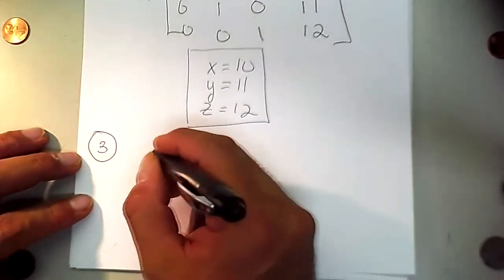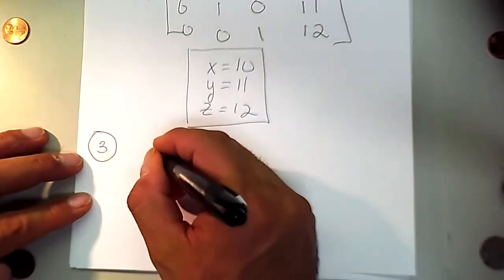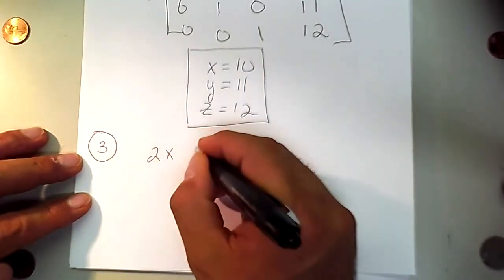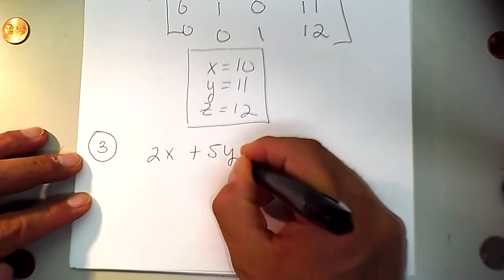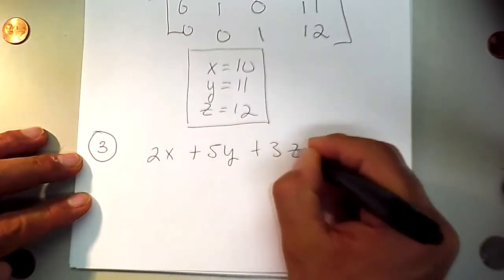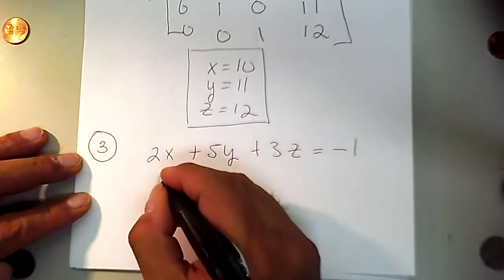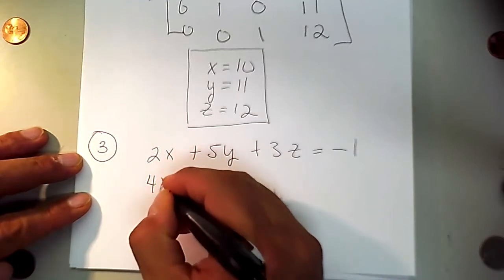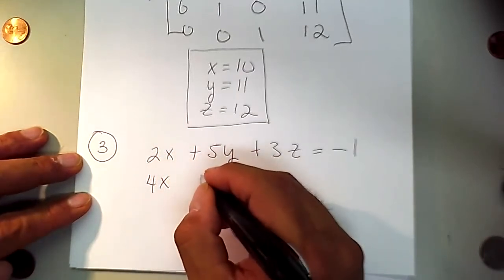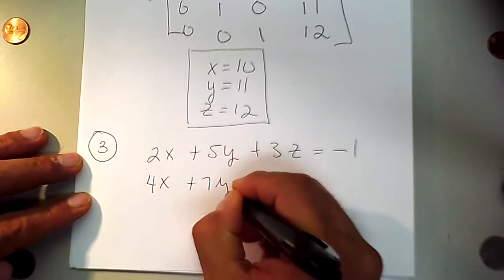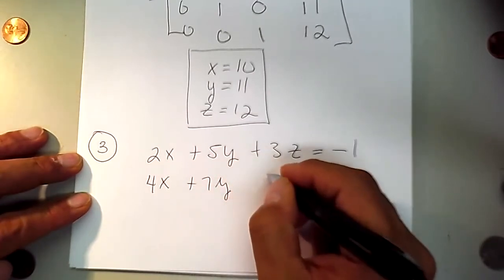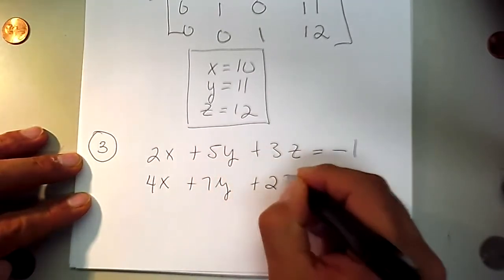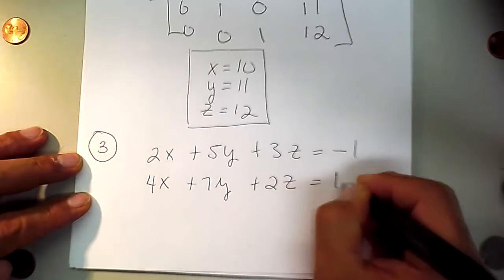Okay, so example 3, we have 2x plus 5y plus 3z equal to -1, 4x plus 7y plus 2z equals 10.